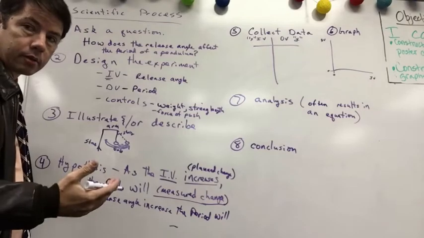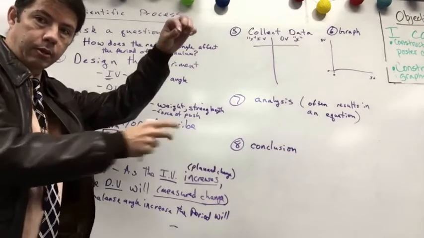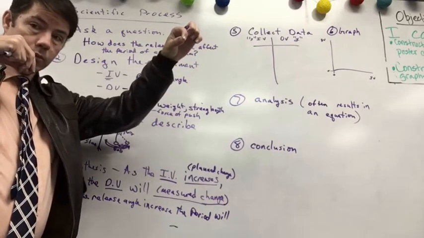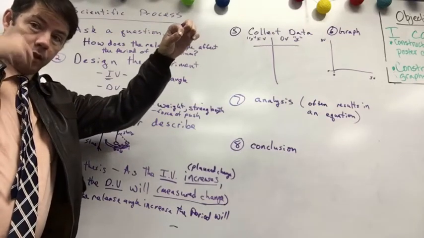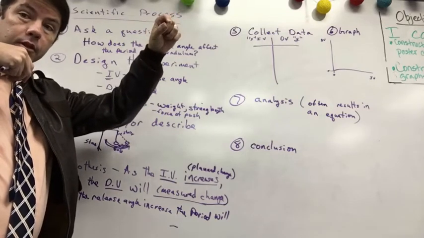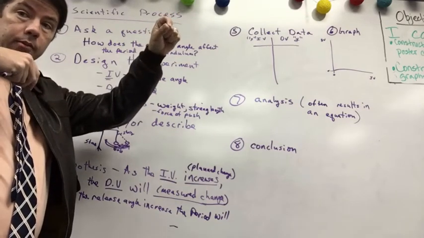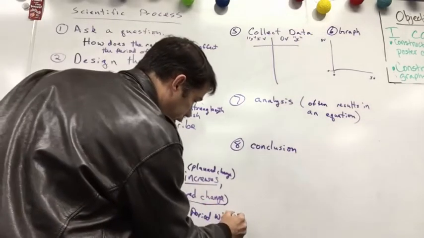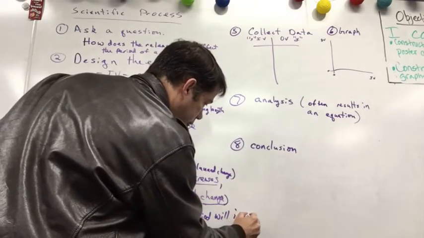Will it increase? The period is a time. We've got our pendulum, it's going to swing. If I release it higher and higher, what do you think is going to happen? Is it going to take longer for it to swing? Is it going to go faster and take a shorter amount of time? What do you think it's going to be? Okay, so we said in class, we said the period will increase.